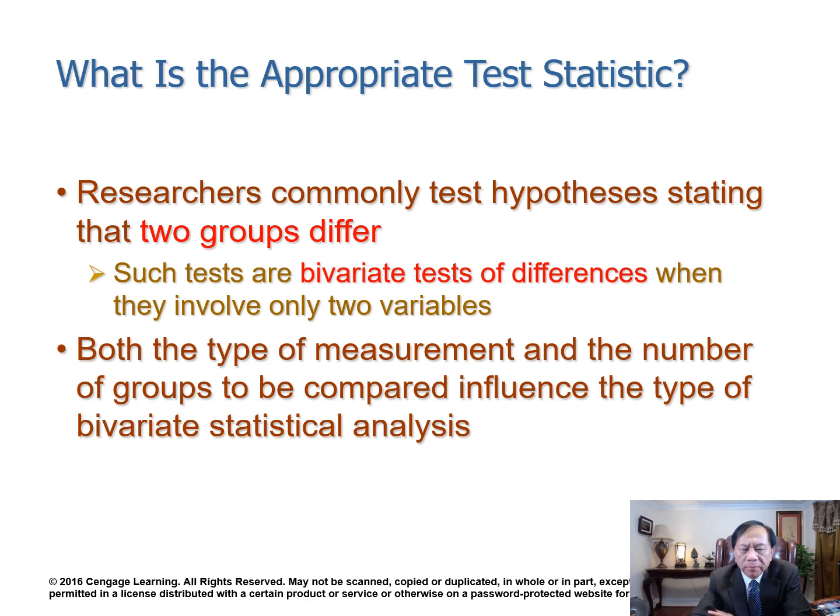Both the type of measurement and the number of groups to be compared influence the type of bivariate statistical analysis. So what type of measurement is involved, and also the number of groups involved? These determine what type of bivariate statistical tools you can use.